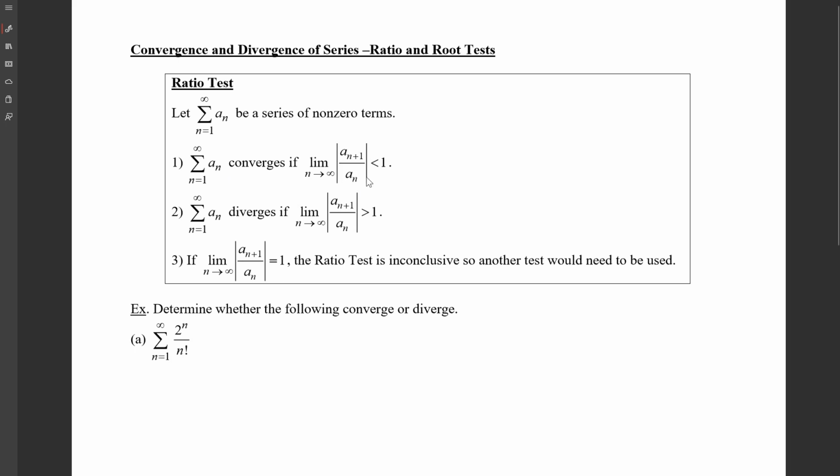Then if this expression is less than 1, the series will converge. If this expression is greater than 1, the series will diverge. What's super important is to understand that if this expression is equal to 1, the ratio test doesn't work, and so you have to use another test.